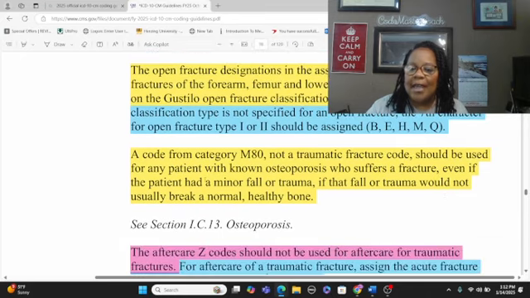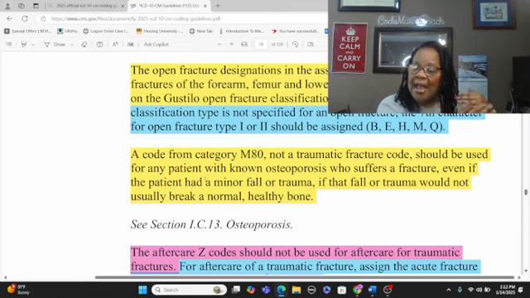It says a code from category M80, not a traumatic fracture, should be used for any patient with known osteoporosis who suffers a fracture, even if the patient had a minor fall or trauma, if that fall or trauma would not usually break a normal healthy bone. So again here, this is where the pathological fracture comes into play.